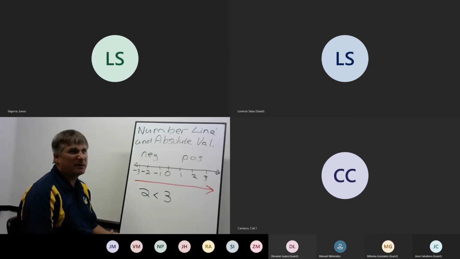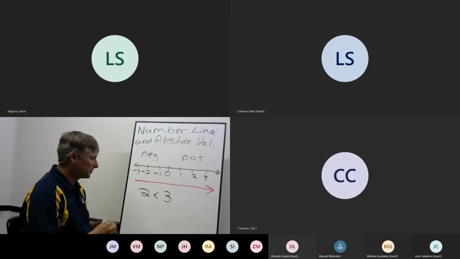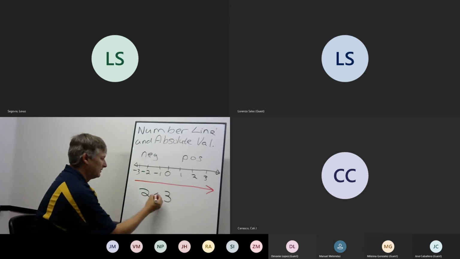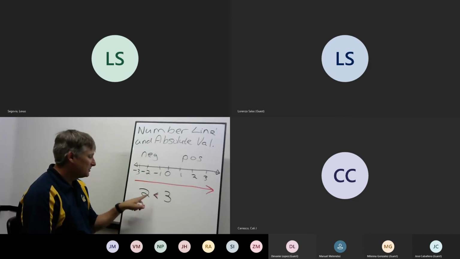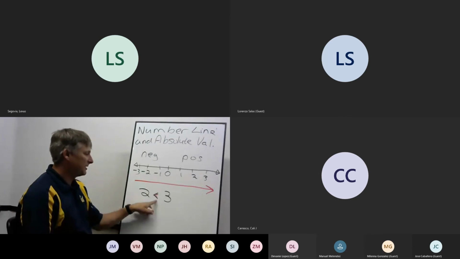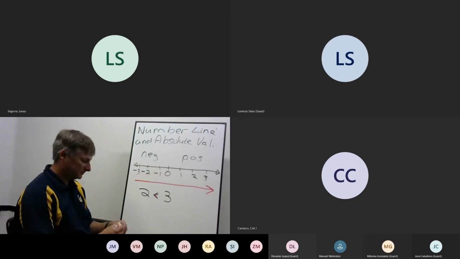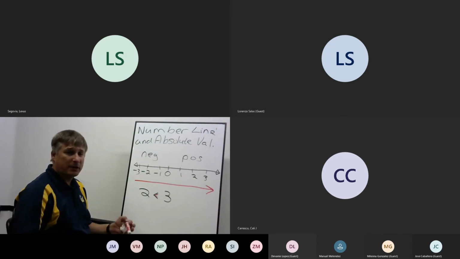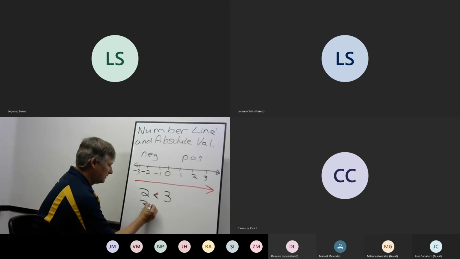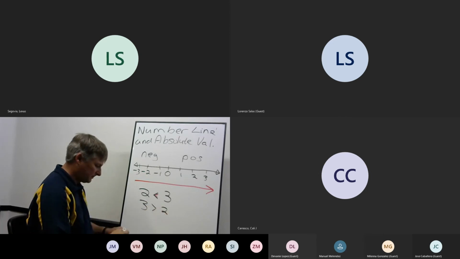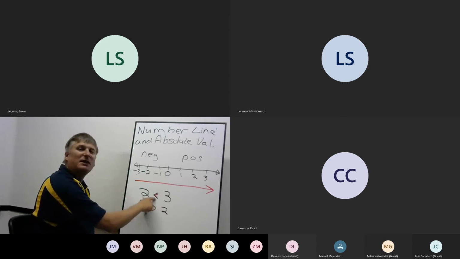You might have heard of this, say, in elementary school or junior high, or high school, actually. It eats the bigger number. So you say 2 is less than 3. Now, another way we can write this is we could also say that 3 is greater than 2.